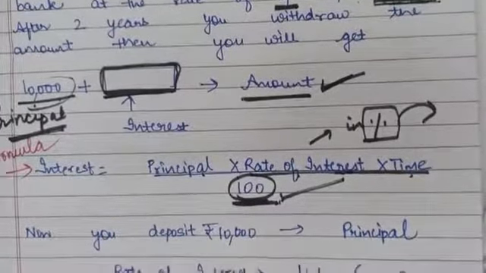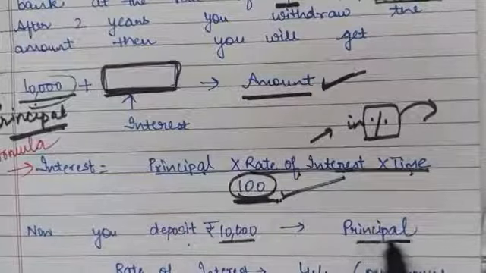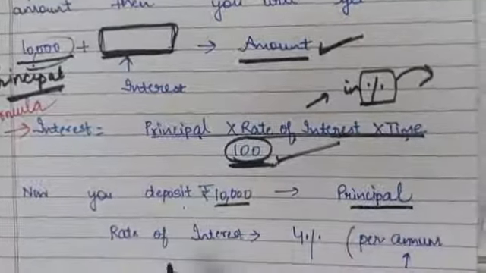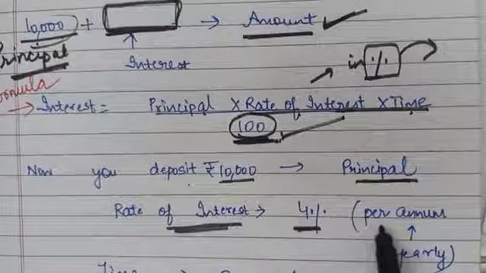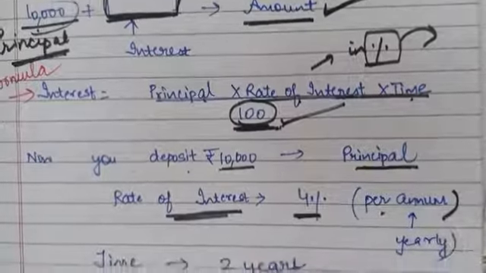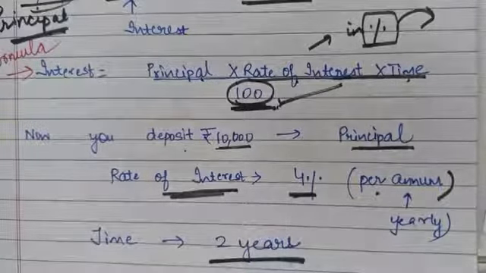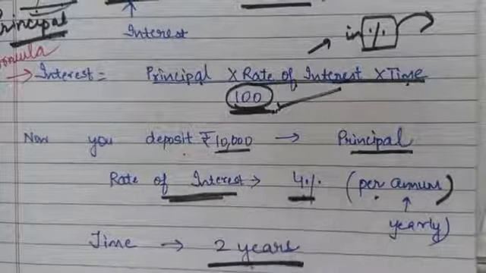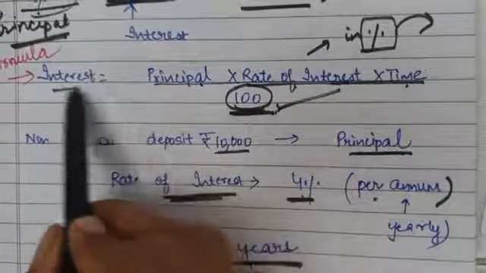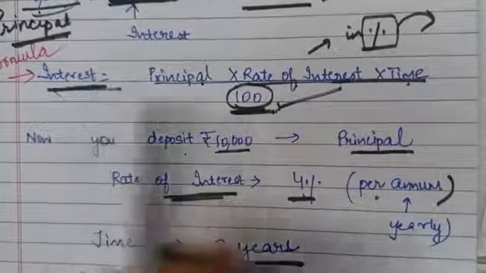Now, you have deposit rupees 10,000. This is your principal. Now, the rate of interest is 4% per annum. And what is the time? Time is 2 years. So, it means if we put all these values in this formula, we will get interest.